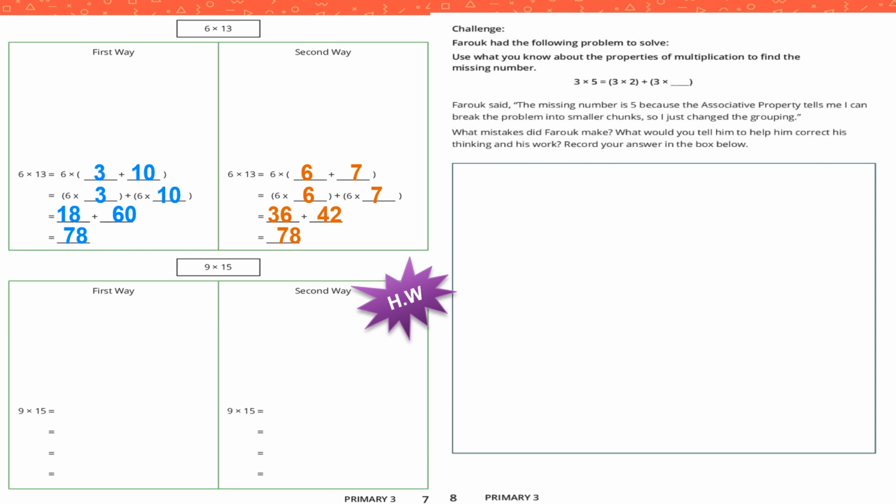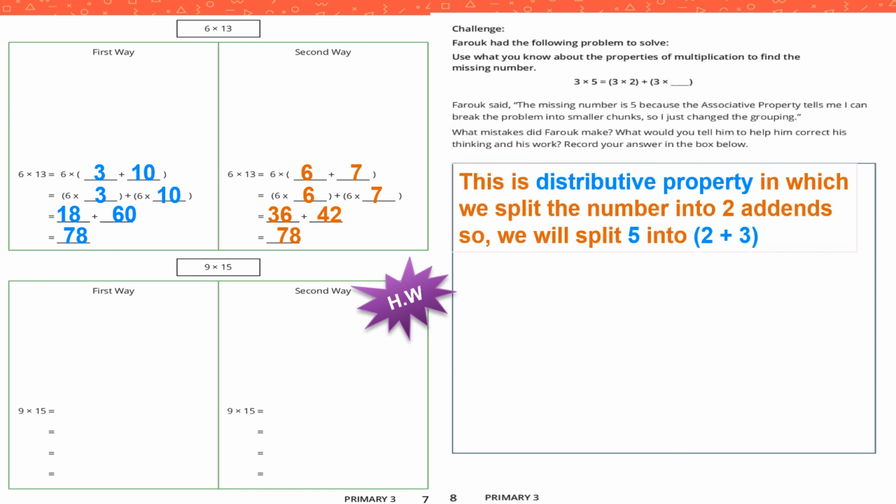Distributive property. So it's not associative property because I have two signs. This is distributive property, in which we split the number into two addends. I split this 5 into 2 plus 3, okay?